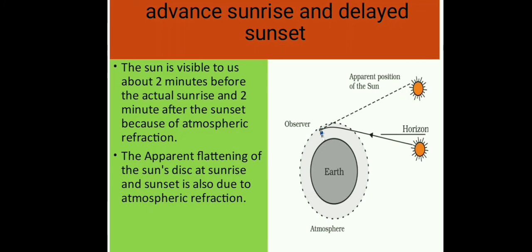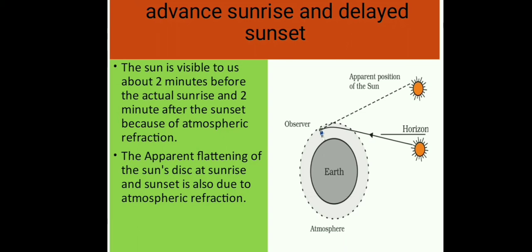Advanced sunrise and delayed sunset. Actual sunrise happens when the sun is below the horizon in the morning. The rays of light from the sun below the horizon reach our eyes because of refraction of light. Similarly, the sun can be seen about few minutes after the actual sunset. Thus, the duration of the daytime will increase.